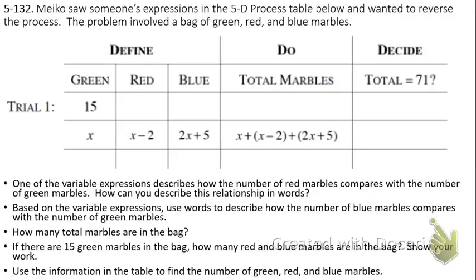Alright, so first it says, one of the variable expressions describes how the number of red marbles compares with the number of green marbles. How can you describe this relationship in words? Okay, so how can we describe the relationship between green and red?